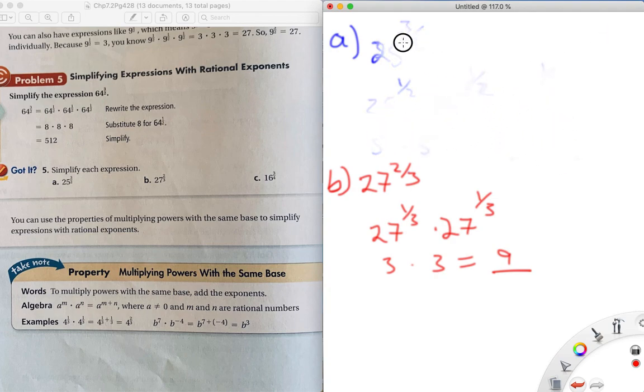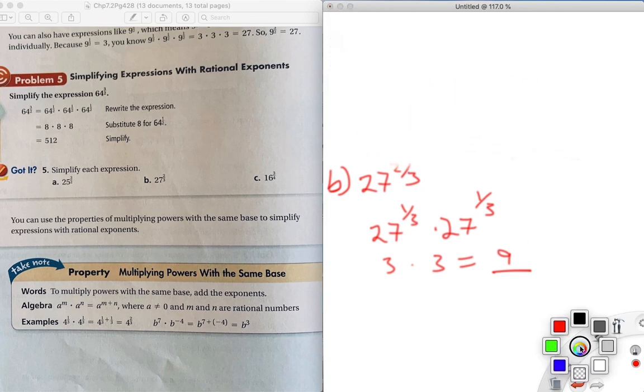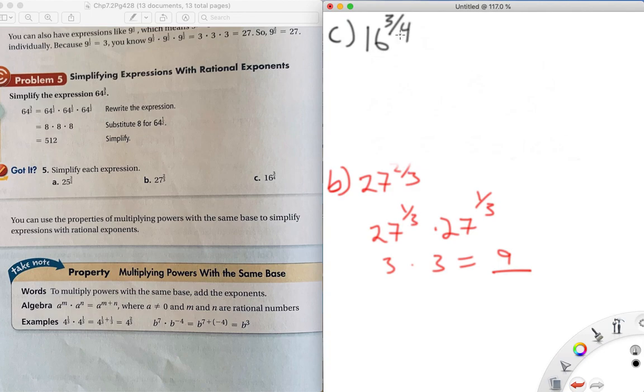And then 16C says 16 to the 3/4. So the numerator tells me how many times I'm going to multiply it. So I'm going to multiply it 3 times, and it's going to be 16 to the 1/4 times 16 to the 1/4 times 16 to the 1/4.